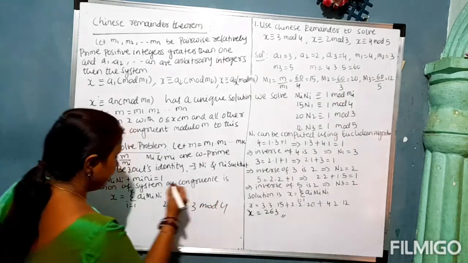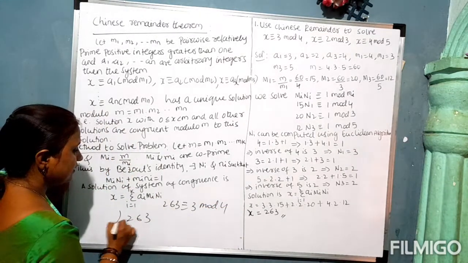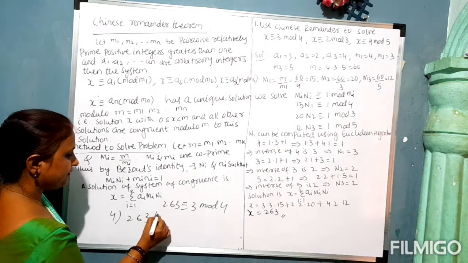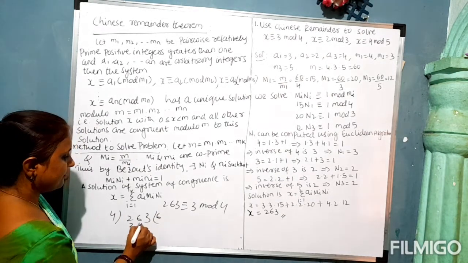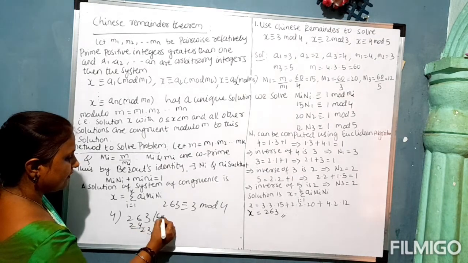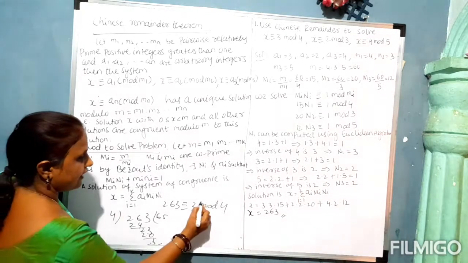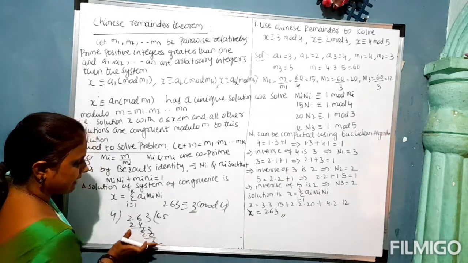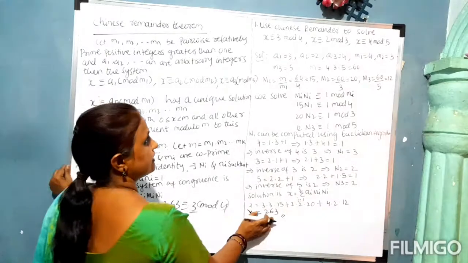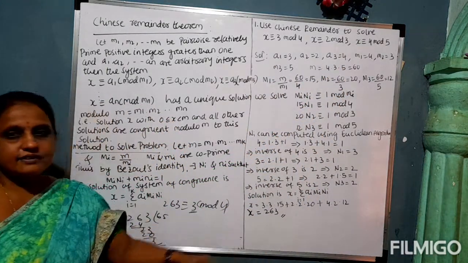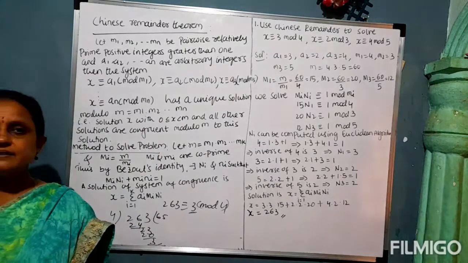If we divide 263 by 4, 4 sixes are 24, we get 23, 4 fives are 20, we get 3. So 3 is the remainder, which means x equal to 263 satisfies these three congruences, hence it is the solution. So this completes the Chinese remainder theorem.